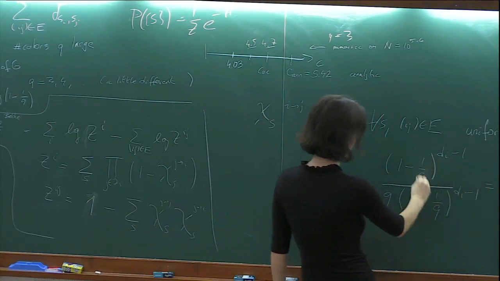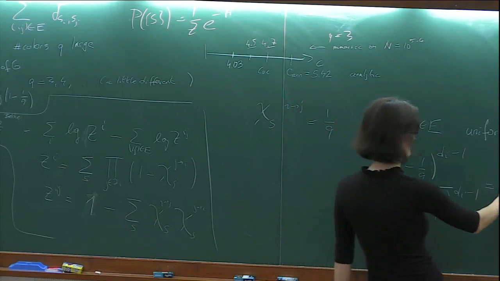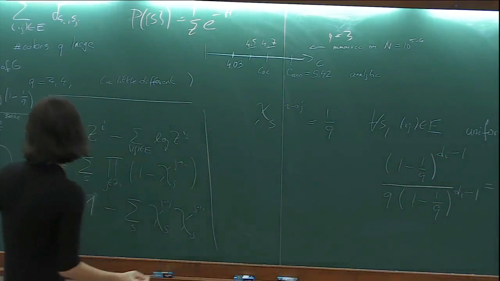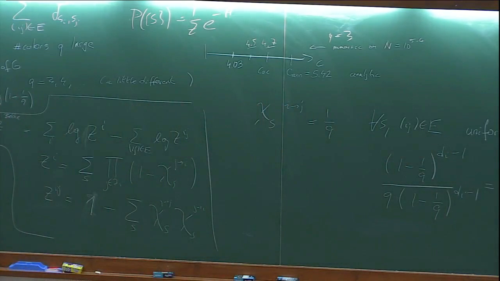So obviously it fits because these things just cancel and we just end up with 1 over q. So this is indeed always a fixed point of this equation. Right? Some people say yes, but what about the others? It was a bit harder to wake up for the others. Okay.